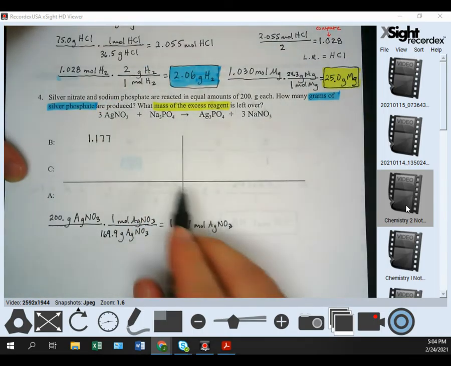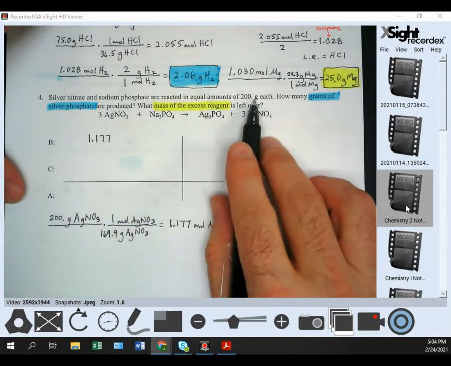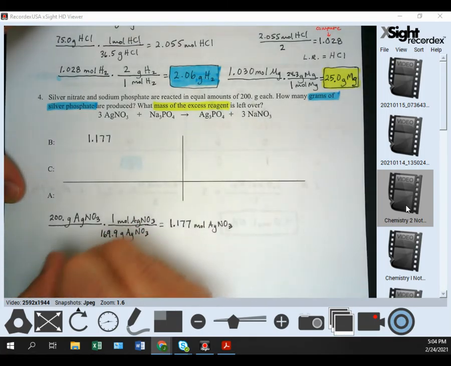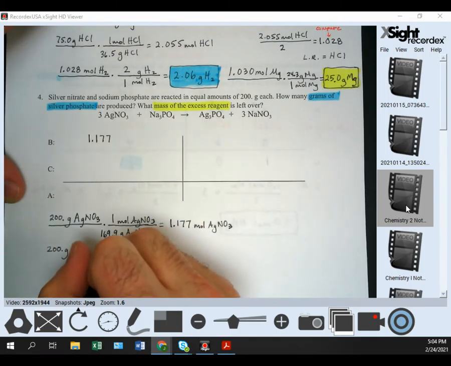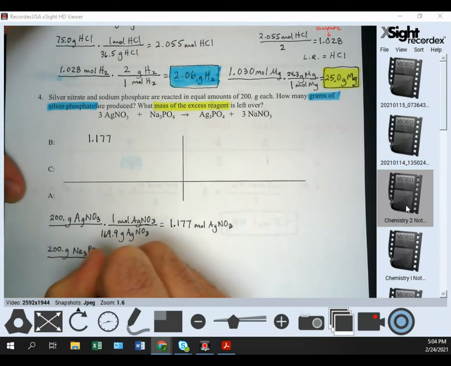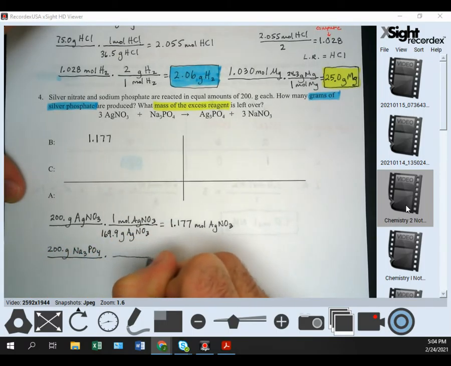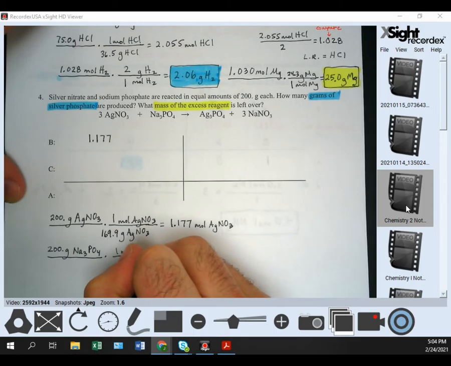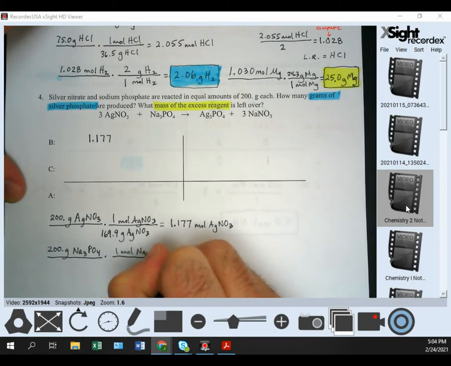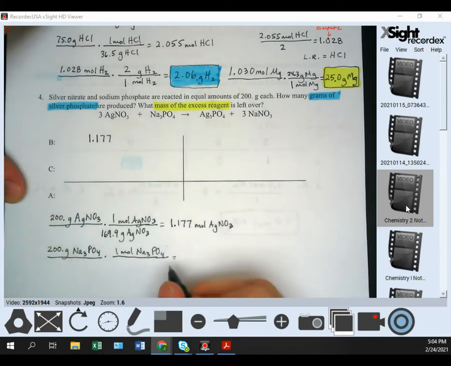Now we're going to do the same thing for the Na3PO4. 200 grams, that's what it told us we had, of the Na3PO4. Same idea. We're going to go from moles of the Na3PO4, and we're going to turn it into grams.